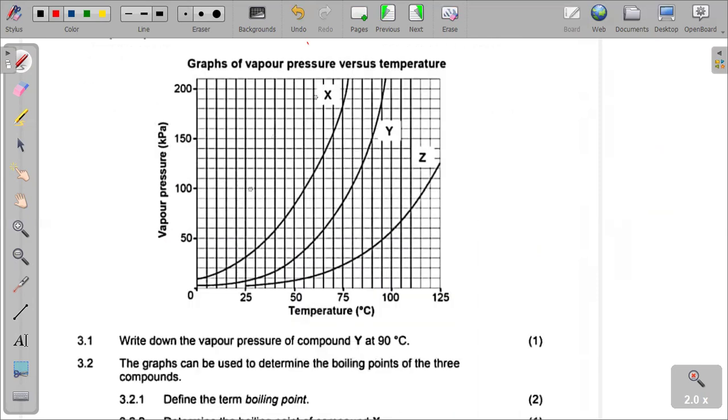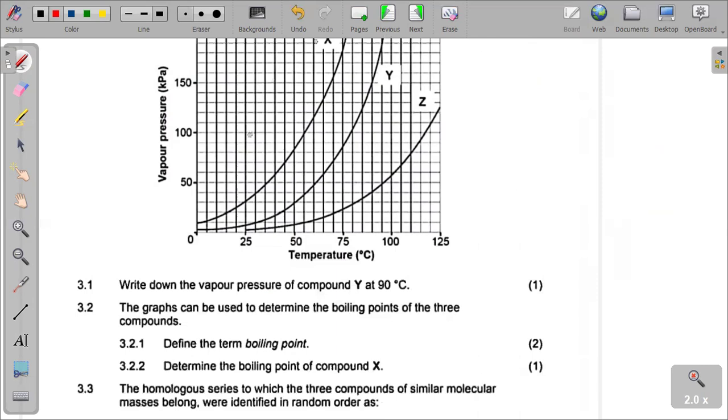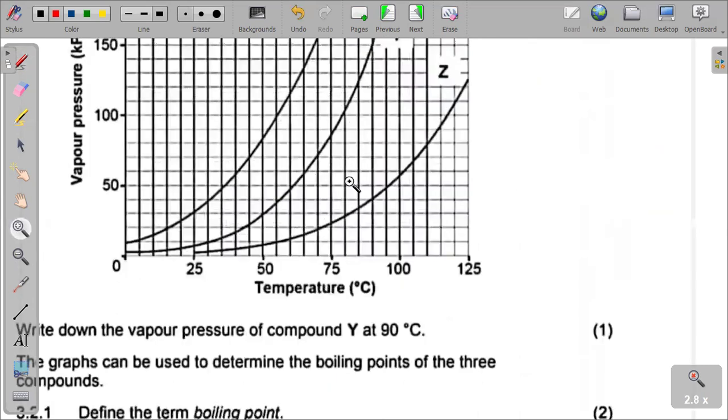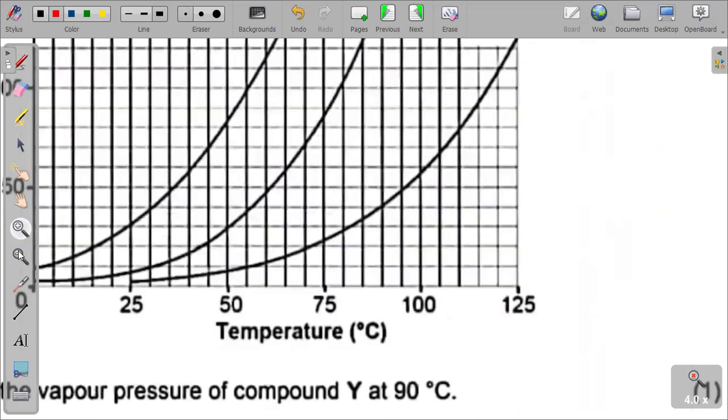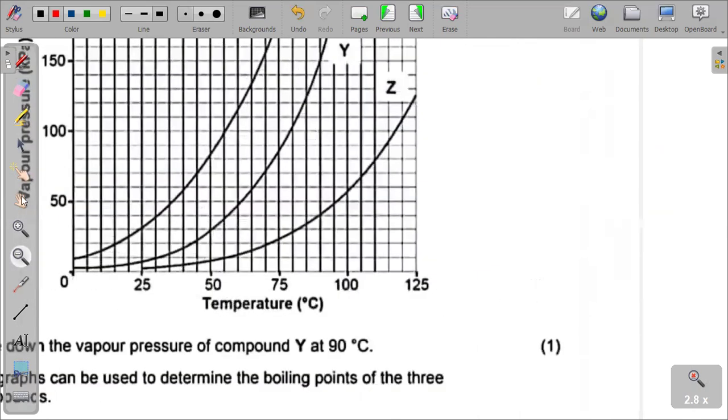Write down the vapor pressure of compound Y at 90 degrees. So this is just an interpretation of the graph that is being expected of us. So I'll try to enlarge it a little bit so that I explain how we are getting there. So what is happening is, if our scale is 25, 50, 75, it therefore means this is 5, 10, 15, 20, 25.